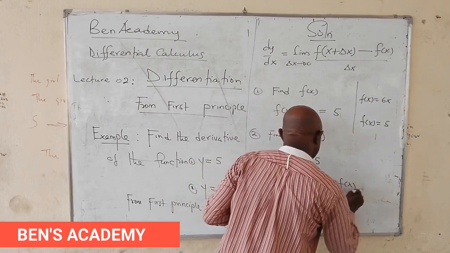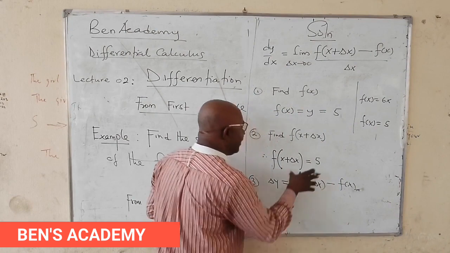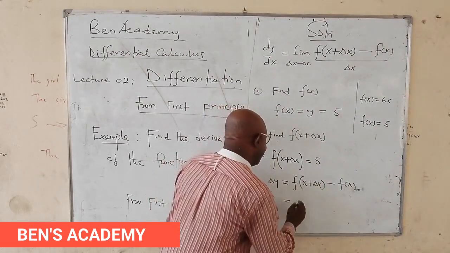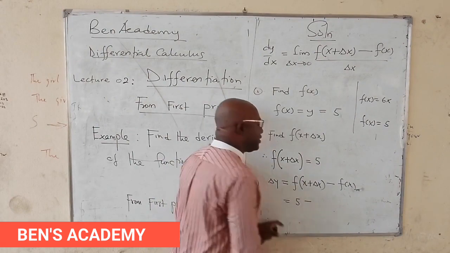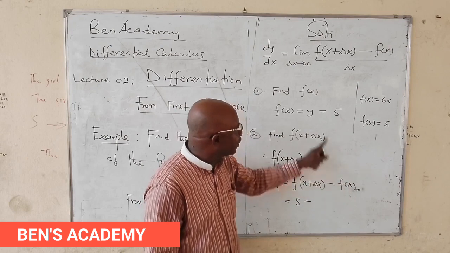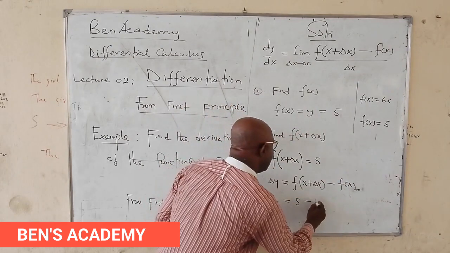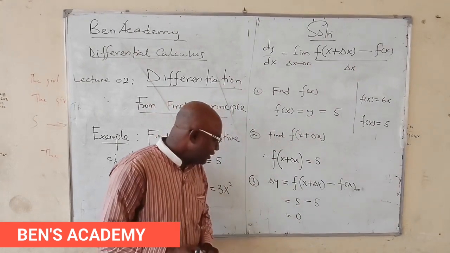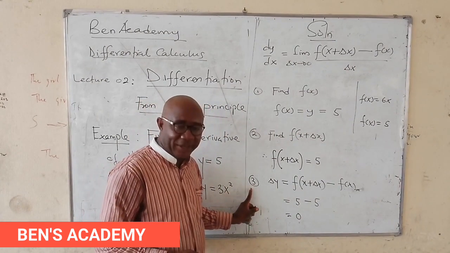The answer I got for f of x plus change in x is 5, minus the functional value of this function, which is also 5. When I subtract, I will get what? 0. So since I've gotten 0 as the last answer, I'm through with step 3.